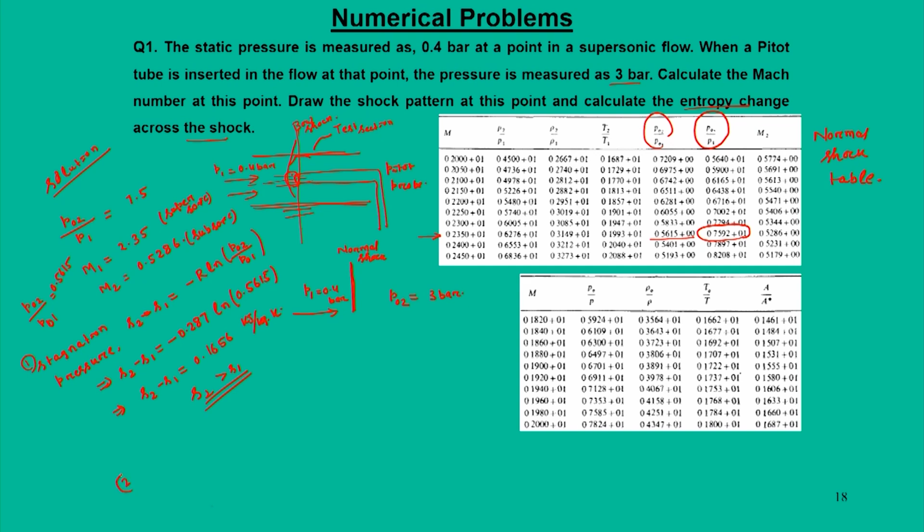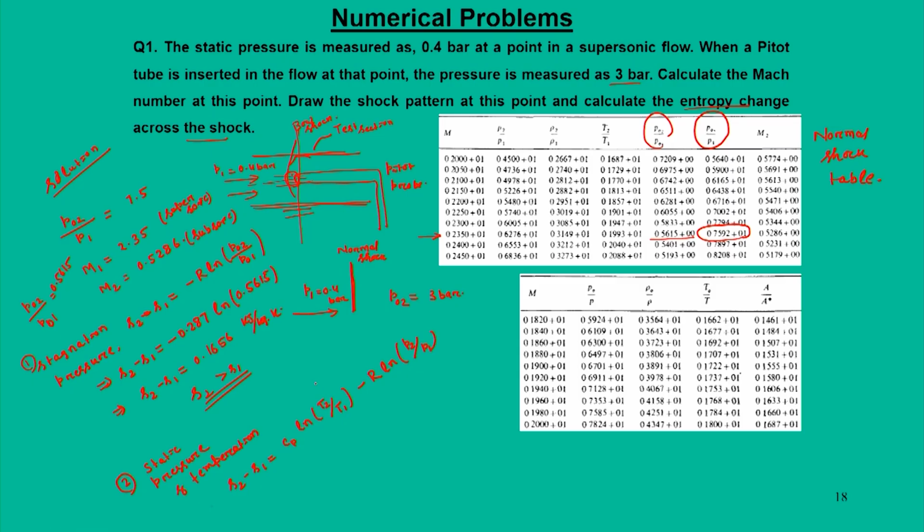Now, we have another method, that is through static pressure and temperature. So, you have to recall the entropy equation, that is S2 minus S1 is equal to Cp ln T2 by T1 minus R ln P2 by P1.